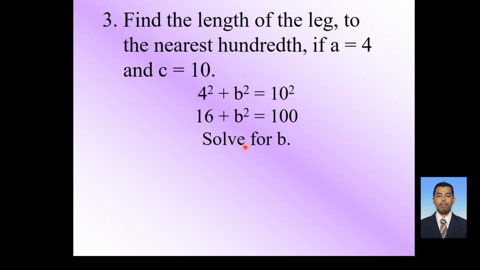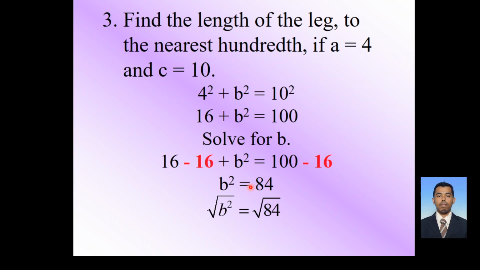Solve for the value of B. By doing the operation on the left hand side and the right hand side, you will get B square is equal to 84, and taking the square root of both sides, you will get B is equal to 9.17.